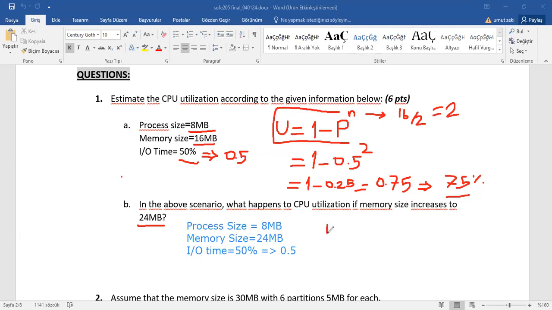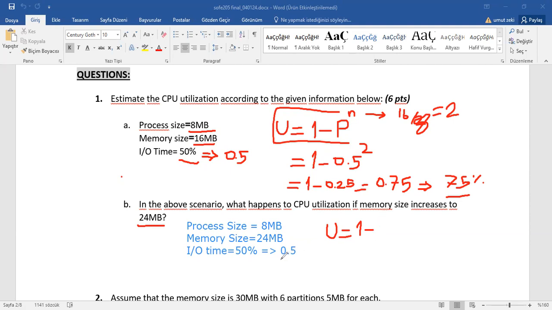So utilization is equal to 1 minus, this time, what is N? 24 over 8. Here I made a mistake, by the way. 24 over 8 is 3.